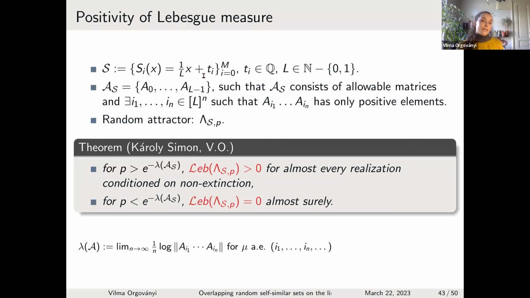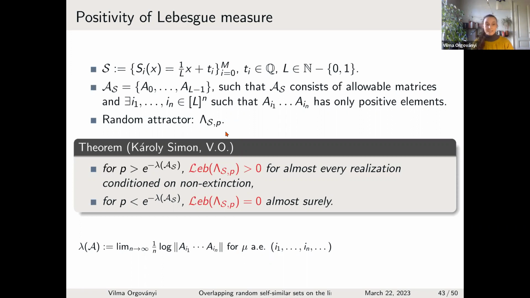Then we can consider a random attractor, which we construct in a similar way as we did the homogeneous Mandelbrot percolation, although in this case we toss the coin for the cylinders and not for the cubes of this IFS.